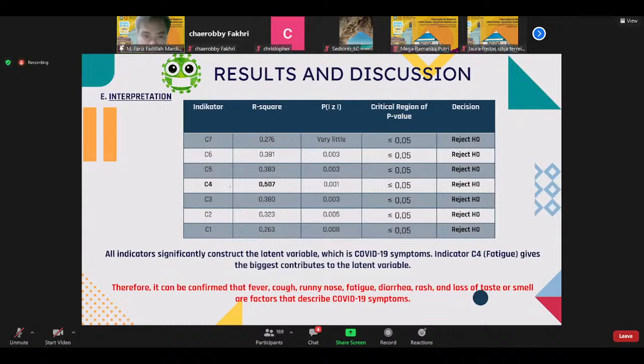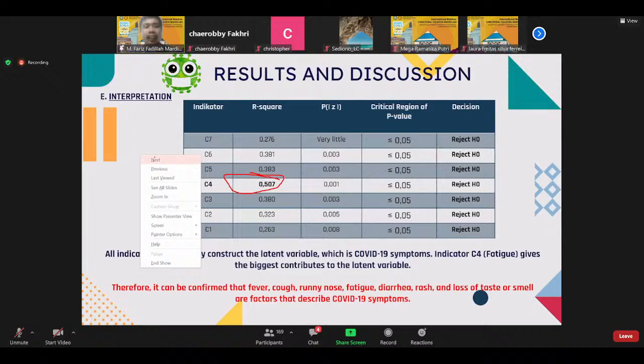Because the R-square, or determination coefficient, is the biggest compared to all of the indicators. Therefore, it can be confirmed that fever, cough, runny nose, fatigue, diarrhea, rash, and loss of taste or smell are factors that describe COVID-19 symptoms, or a person infected with COVID-19. Okay, this is the first example.